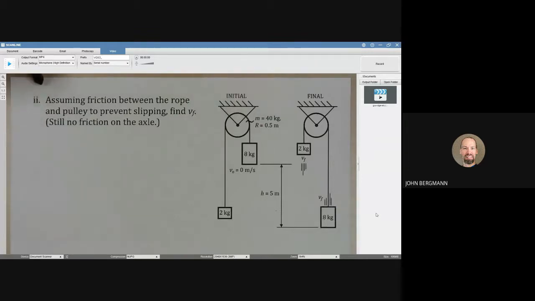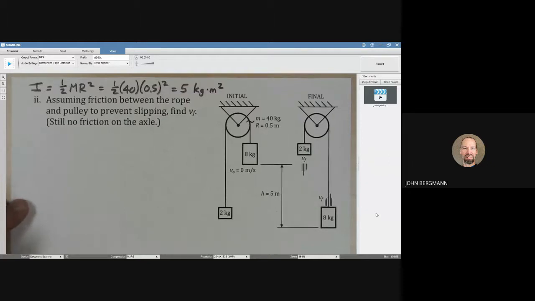We might recall that the moment of inertia for a disc is 1/2 mr squared. What is that going to be? 1/2, the m is 40, and the radius is 0.5, which we need to square, so that's going to be 5 kilogram meters squared.